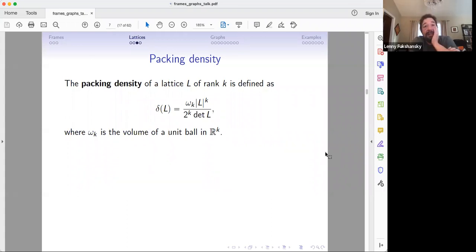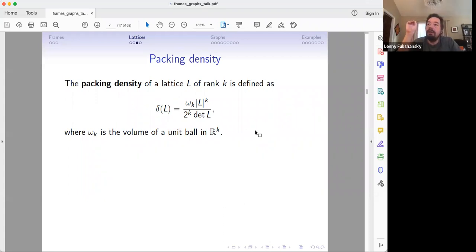The packing density in general is the proportion of the space covered by your spheres. So the packing density of a lattice can be computed by this formula. Let me tell you what is what here. Here's one way to think of a lattice packing.